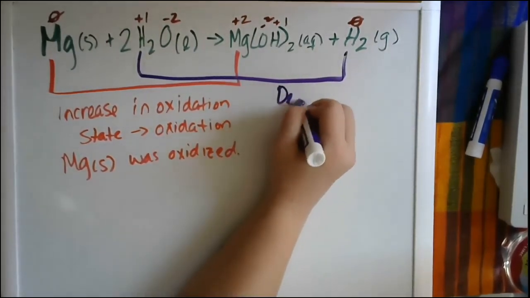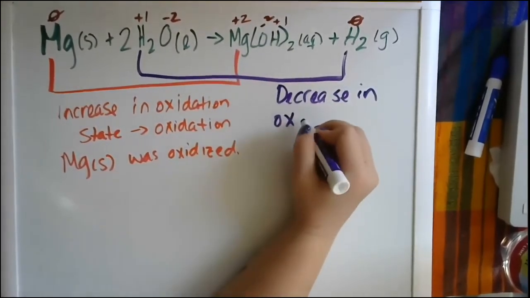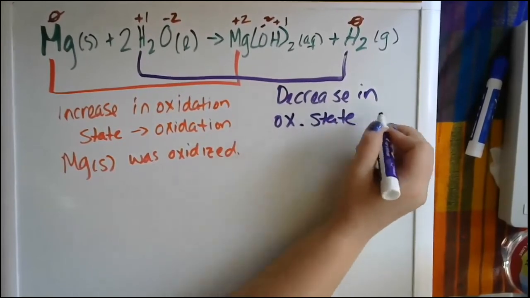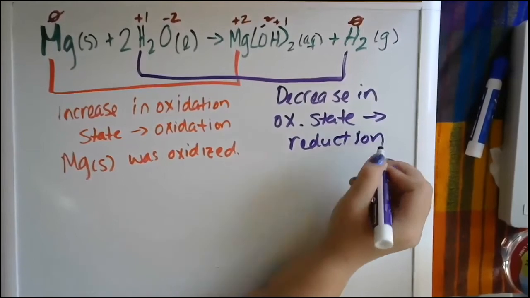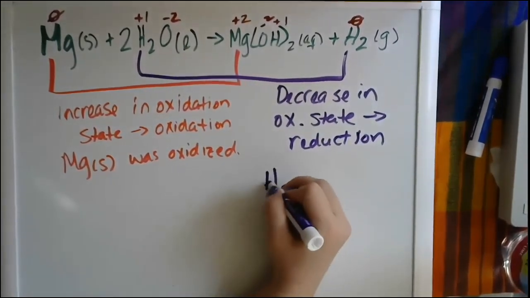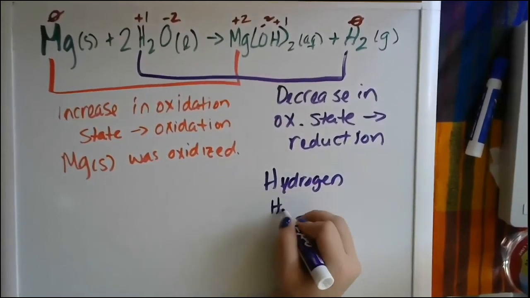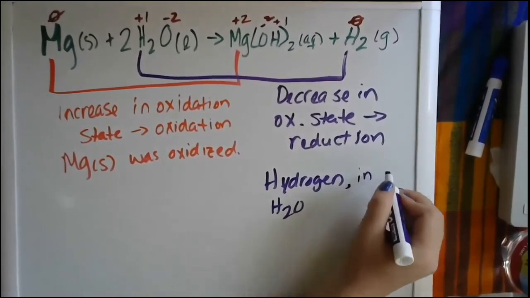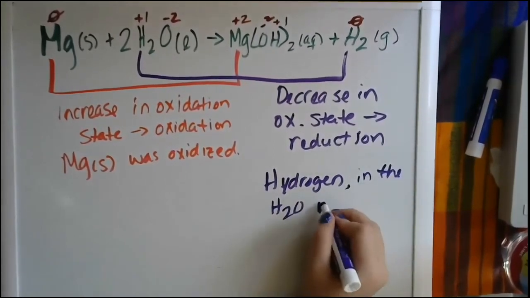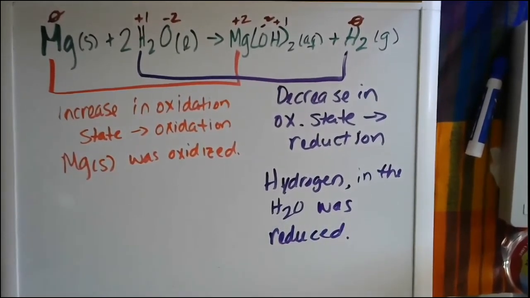So a decrease in oxidation state means that we have reduction. Okay. So hydrogen, specifically the hydrogen in the H2O, was reduced.